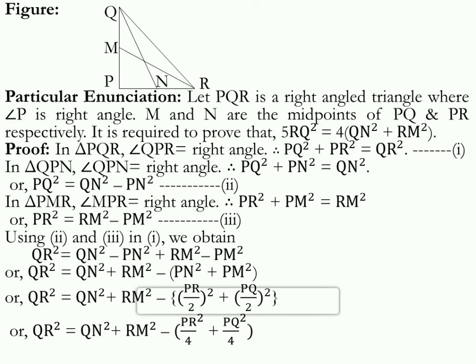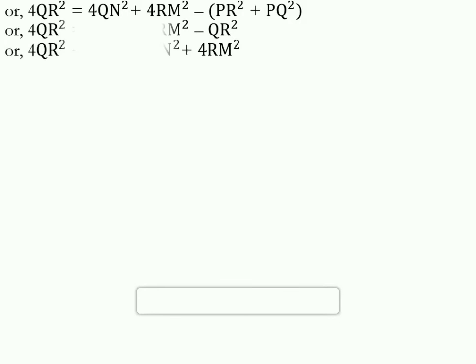So it looks like QR square equals QN square plus RM square minus PR square by 4 plus PQ square by 4. If we multiply the whole equation by 4, we get 4QR square equals 4QN square plus 4RM square minus PR square plus PQ square. Now this PR square plus PQ square becomes QR square, so we can write 4QR square equals 4QN square plus 4RM square minus QR square.